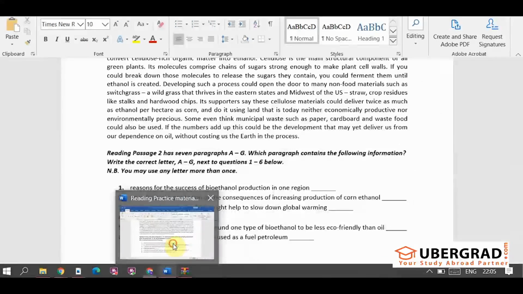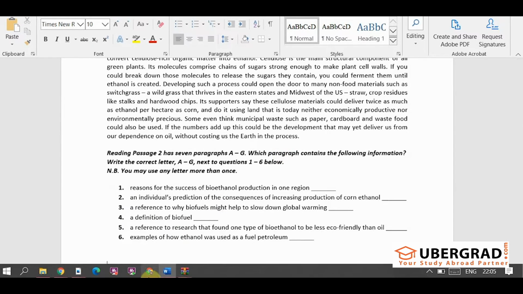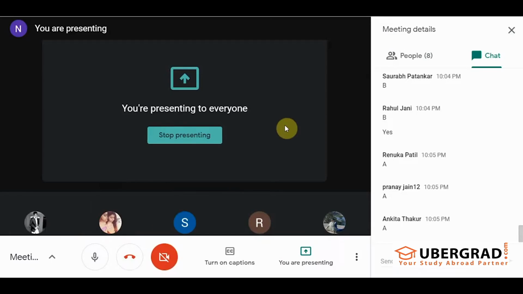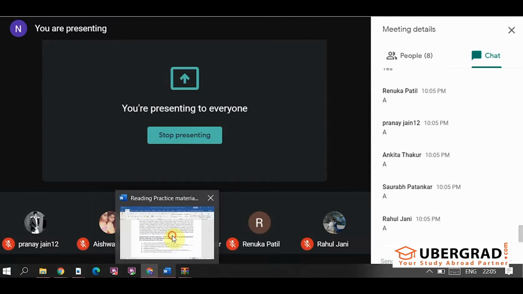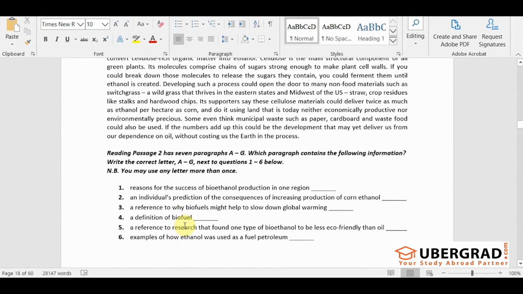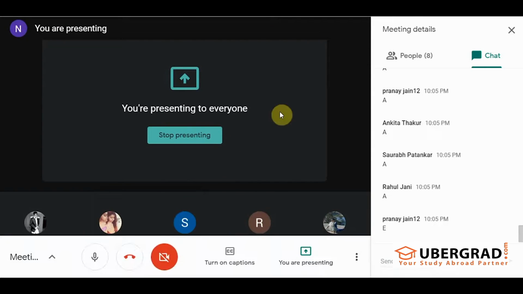Next one. A definition of biofuel has to be A because the entire passage is about biofuel, right? So the definition has to be there in the first para. A reference to a research that found one type of bioethanol to be less eco-friendly than oil. It's talking about eco-friendly. Which paragraph?